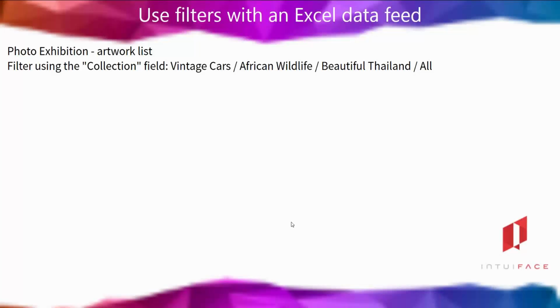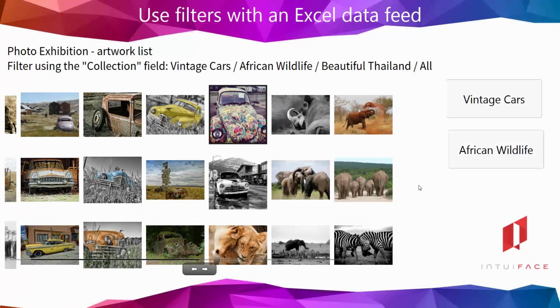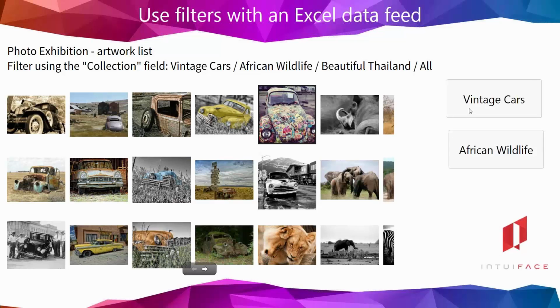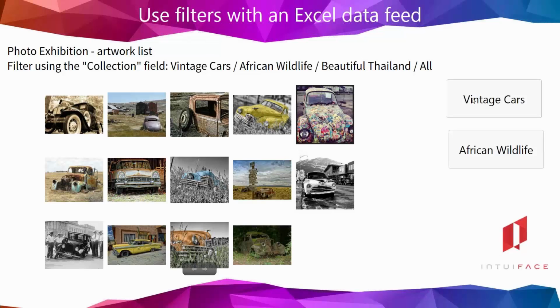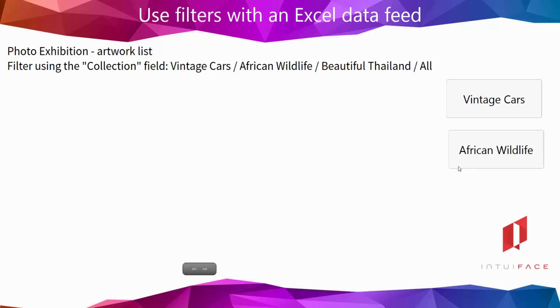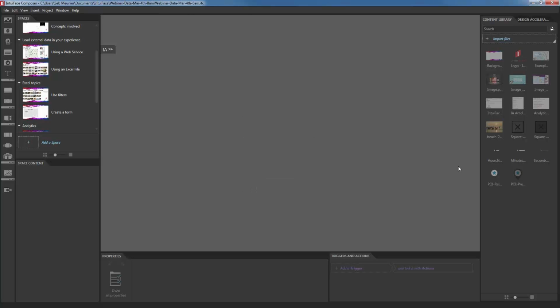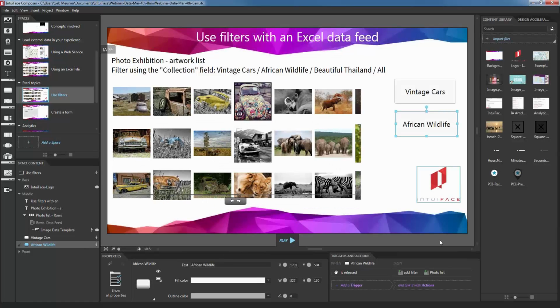You should think there's going to be an error here, because on my first filter I'm going to say please display the vintage cars, and then I'm going to add a new filter on top of the existing one saying please, among this content, display the ones which have a collection named African Wildlife. That's 0, that's no one. I have to remove the previous filter before adding a new one.